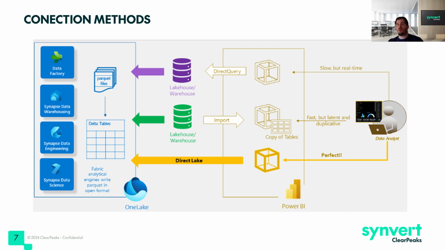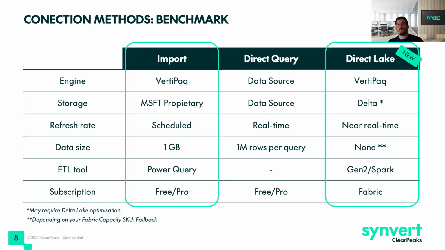The drawback of this mode is that it can lead to duplicate data across your different import models. And the last one, and the newest, is Direct Lake. Direct Lake is a new feature of Fabric, allowing you to directly connect your models to your OneLake. So let's now compare all the different methods.